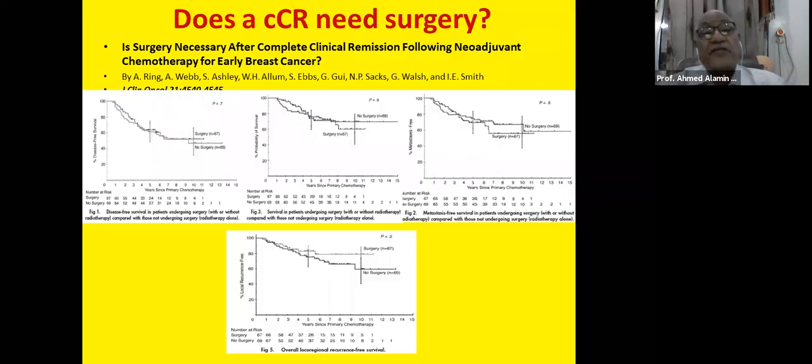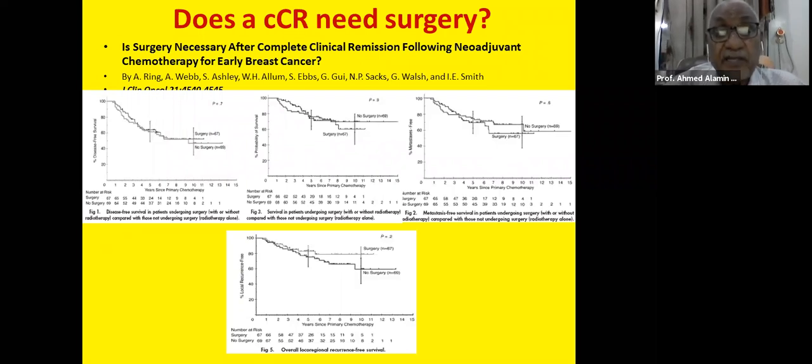There is a question: does a complete clinical response after neoadjuvant therapy need surgery? If we give a patient neoadjuvant treatment and the tumor disappeared completely, clinically and radiologically, is there any need for surgery? Now studies and trials are going on to try both and follow them both.